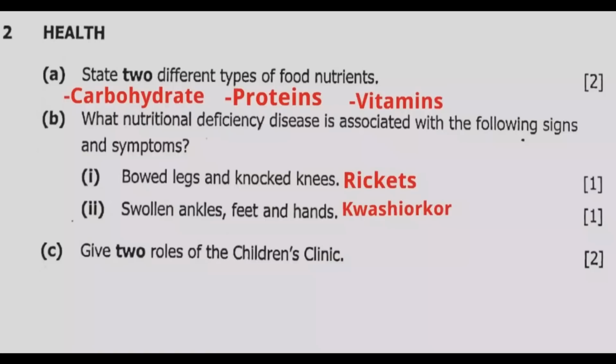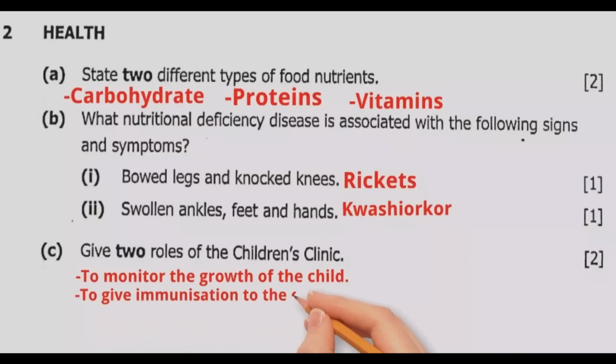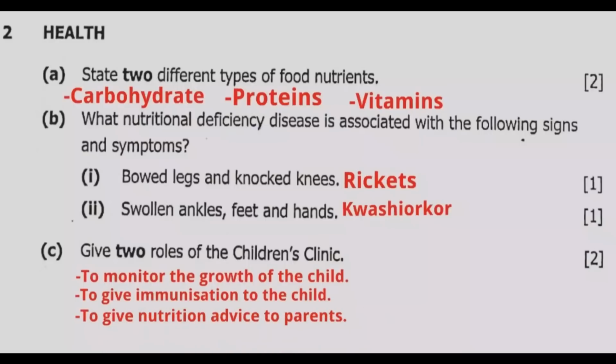Why do you take children to the clinic? 1, to monitor the growth of the child. 2, to give immunization to the child. 3, to give nutrition advice to the parents of the children.